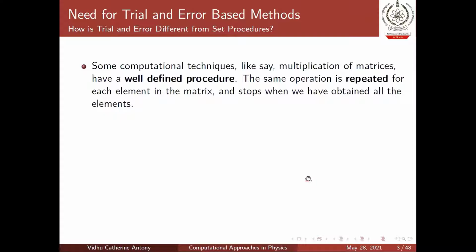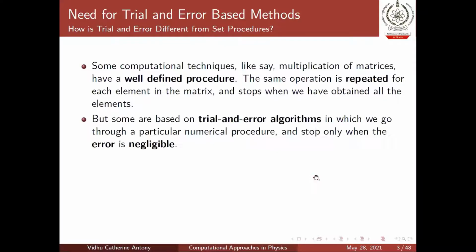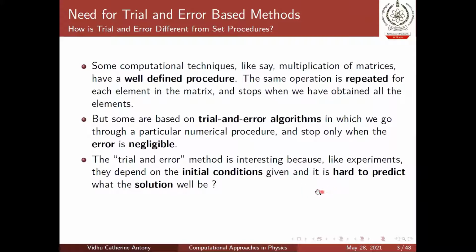You just have to repeat this same well-defined procedure in order to get your values. But then you have other algorithms which are trial and error based. So you go through a particular numerical procedure, and then you stop only when your error is very little or small, and so on.